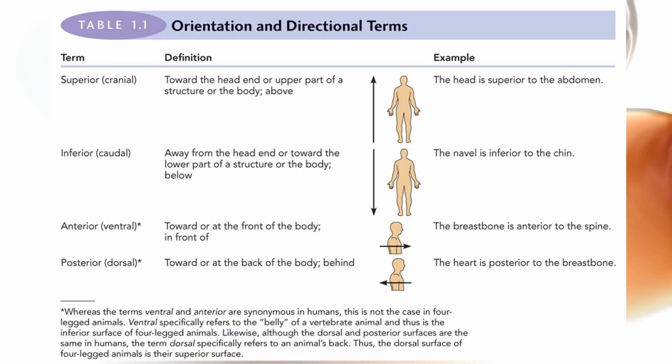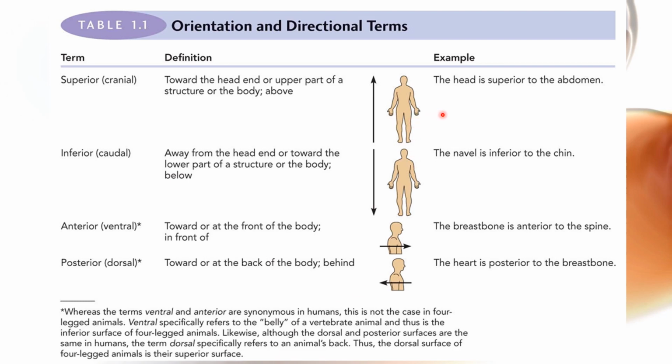So now let's actually go through some of these directional terms. Remember, we're talking about the body in anatomical position: standing, face forward, palms forward, toes forward. If we have our little man here, let's go through some of these terms.